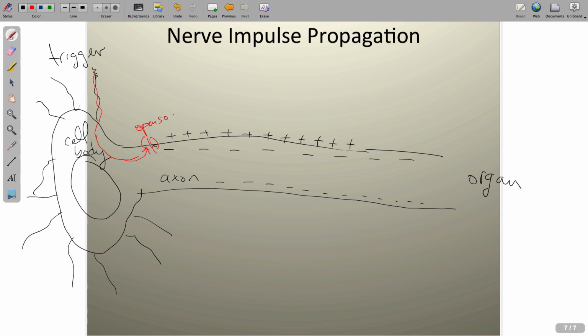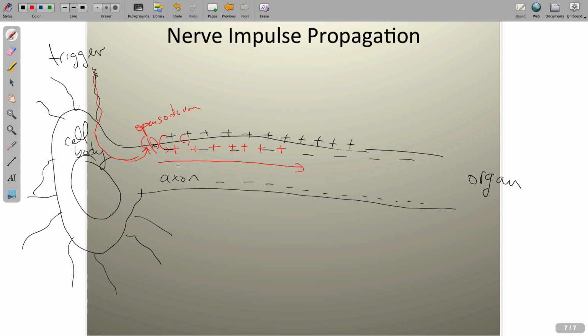It opens the sodium channel, and when it opens that sodium channel, sodium rushes in, making the inside a little more positive, and it continues to do that. So the inside of the cell now becomes positive. When you change the polarity of the cell, it goes from a polarized state, when it was negative inside, to a depolarized state. When you depolarize a cell, it causes an impulse to be formed.